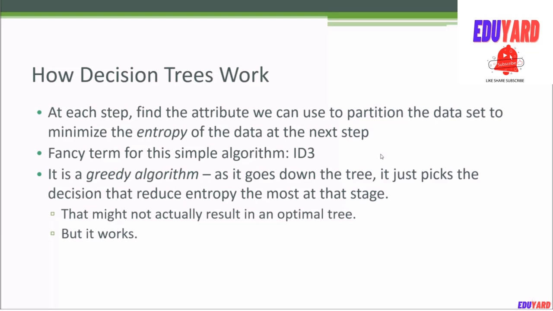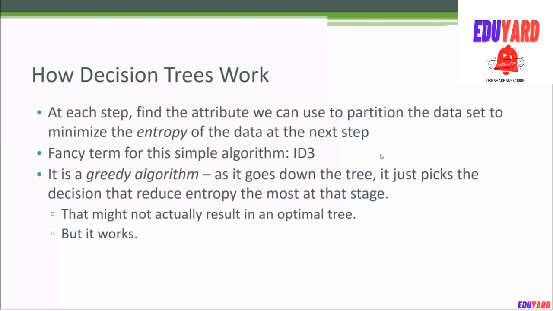So that's it. We just walk down the tree, minimizing entropy at each step by choosing the right attribute to decide on, and we keep on going until we run out. And there's a fancy name for this algorithm. It's called ID3. I don't even know what that stands for, but that's all it means. It's what's known as a greedy algorithm.